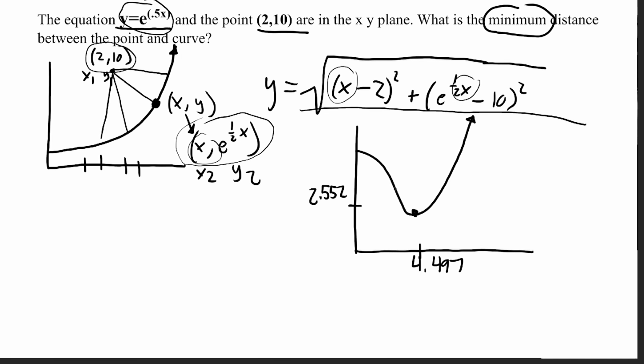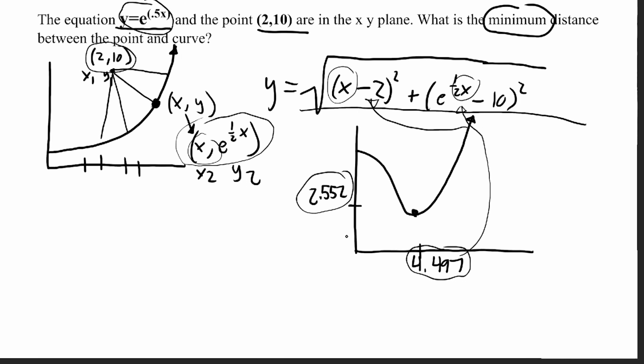Okay, so what this means is at x equals 4.497, so you plug this into here and here, right? You get 2.552, and this is the minimum y value, which is also the minimum distance.